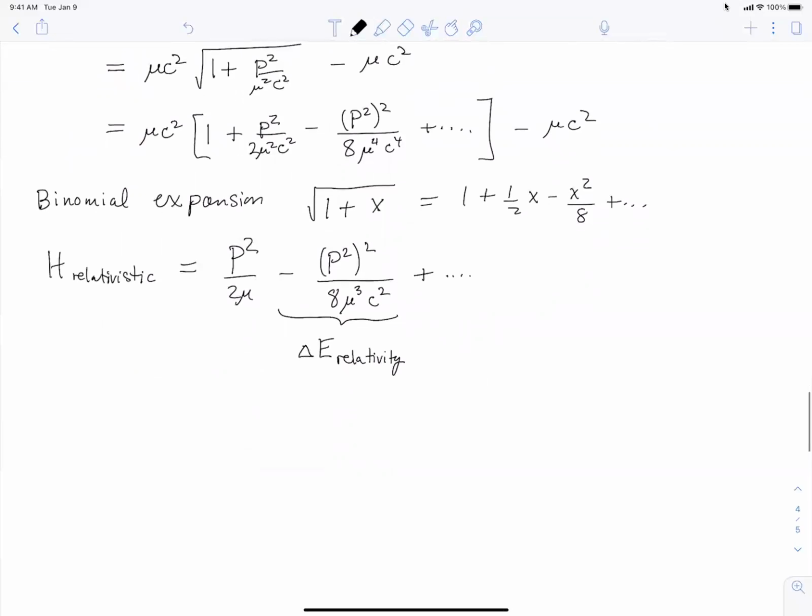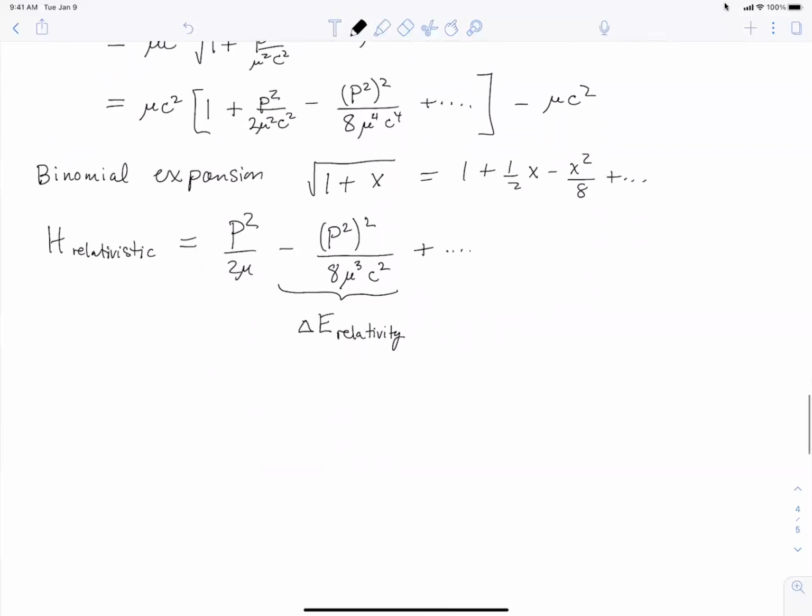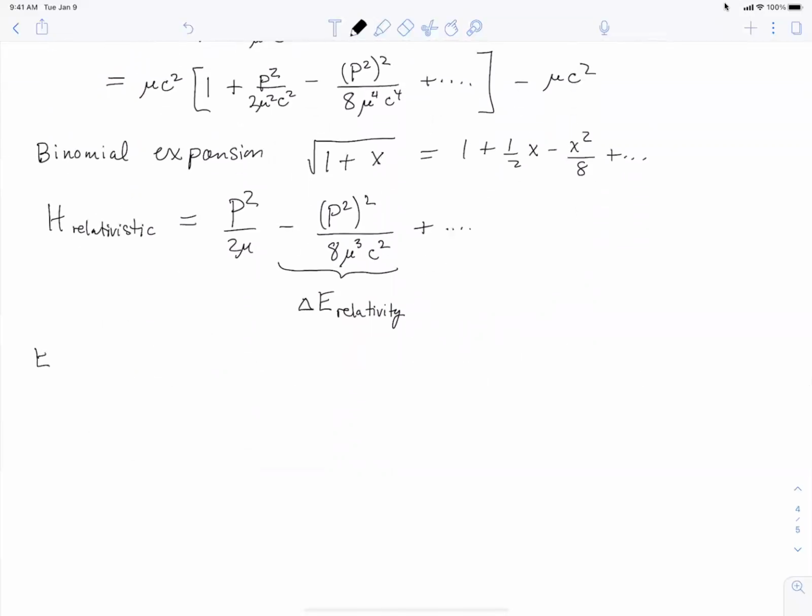Okay, and so it's negative, and we can estimate its magnitude. We're just going for an order of magnitude estimate, so we're not going to worry too much about factors of 2.